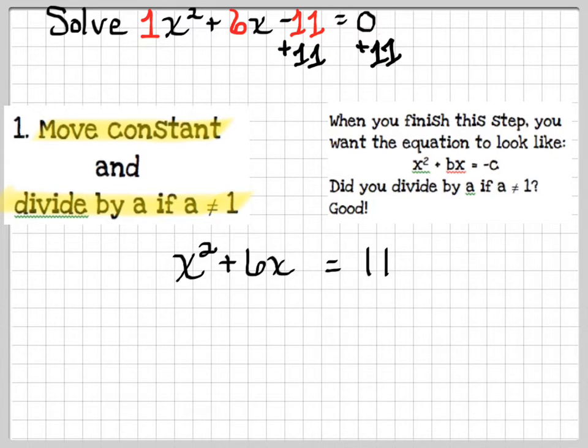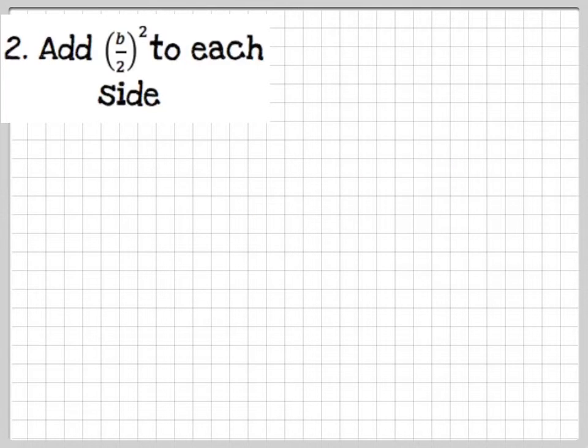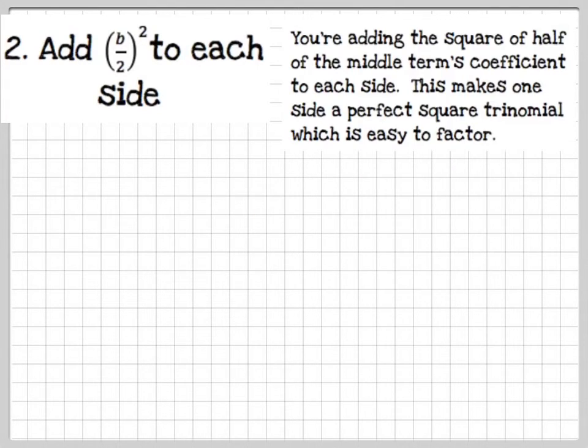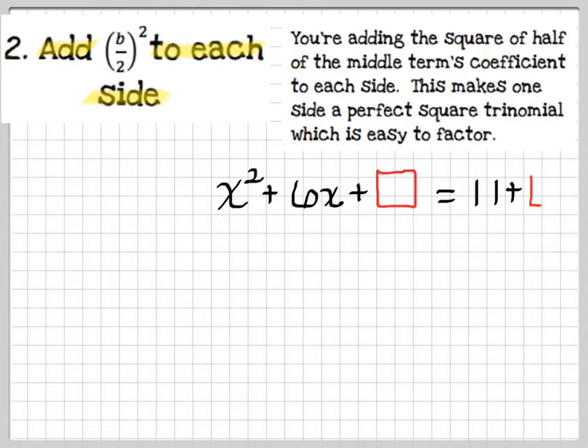And then what we're going to do is what's called completing the square. So we're going to add the number that completes the square. Remember, if we are going to write this as a perfect square trinomial, we would take half of b and put it here.